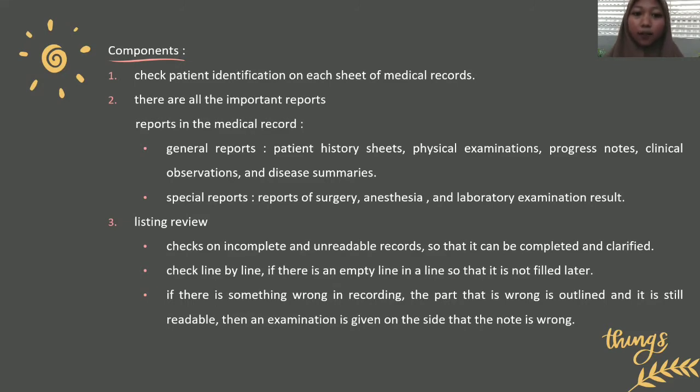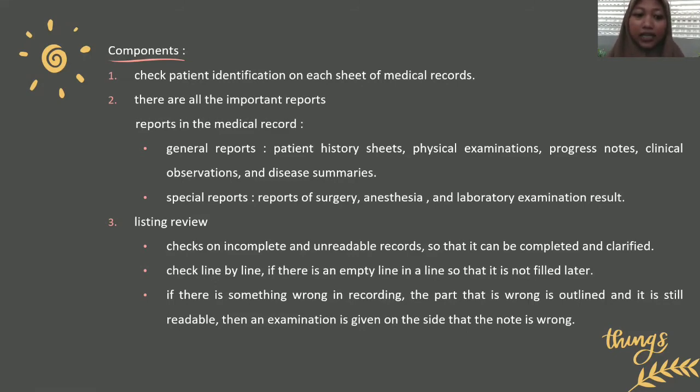First is general reports, including patient history sheets, physical examinations, progress notes, clinical observations, and disease summaries. The second is special reports, including reports of surgery, anesthesia, and laboratory examination result.